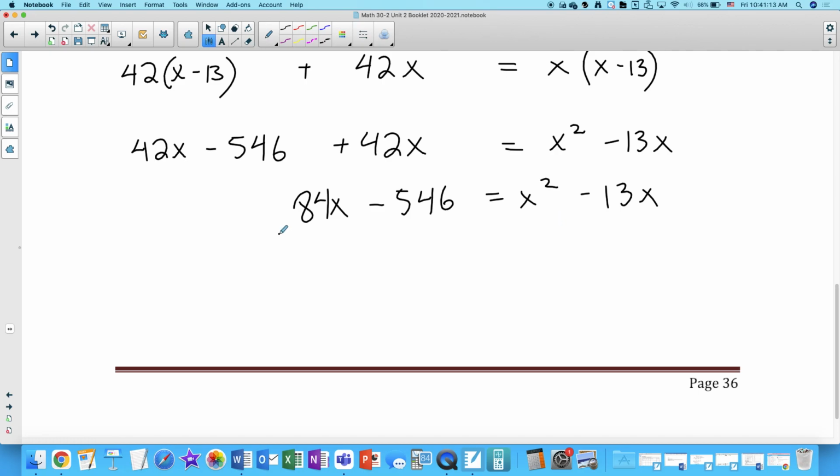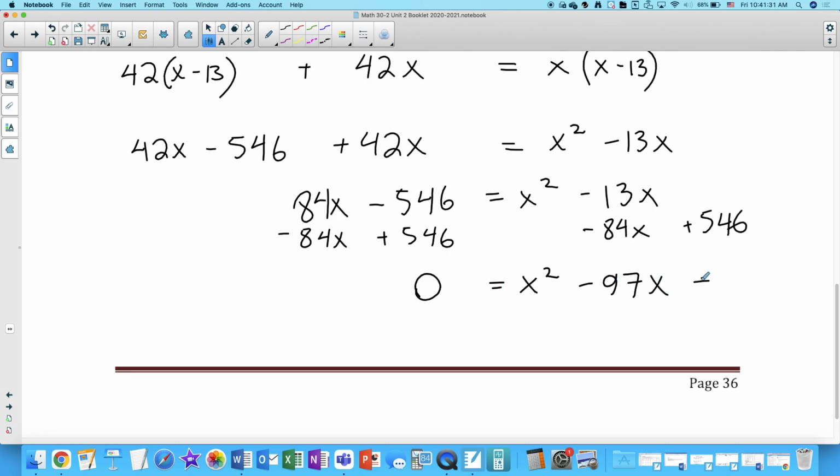So I'm going to make the left side 0. But you could make the right side 0 as well. It doesn't matter. So I'll subtract 84x and add 546. Okay, so this is 0. This is x squared minus 97x plus 546.